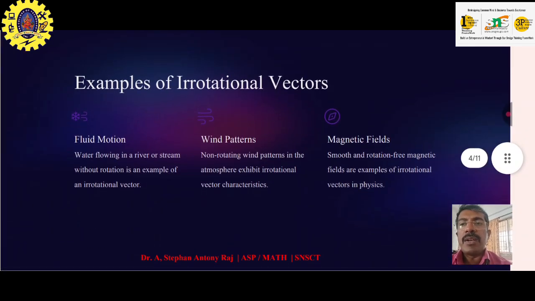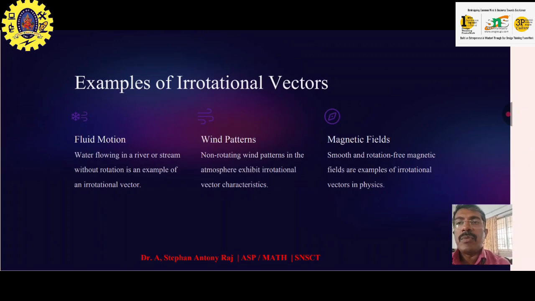Certain examples of irrotational vectors: fluid motion, such as water flowing in a river or stream without rotation, is an example of an irrotational vector. Wind patterns, non-rotating wind patterns in the atmosphere, exhibit irrotational vector characteristics.